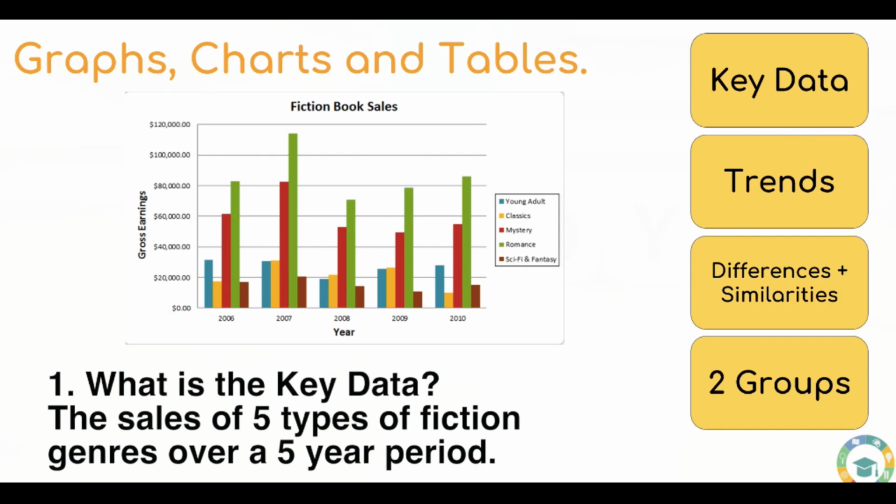The graph shows us fiction book sales, which we can see from the title, and the key to the right of the graph shows what types of books were being sold. The x-axis records this over 5 years, and on the y-axis we can see the total amount or gross earnings of each type of book.